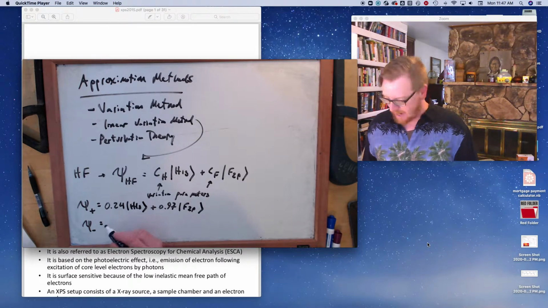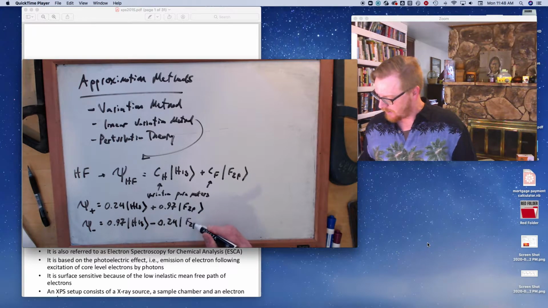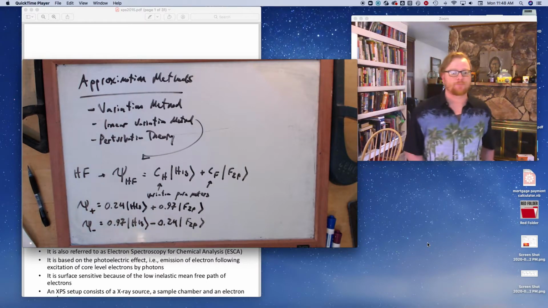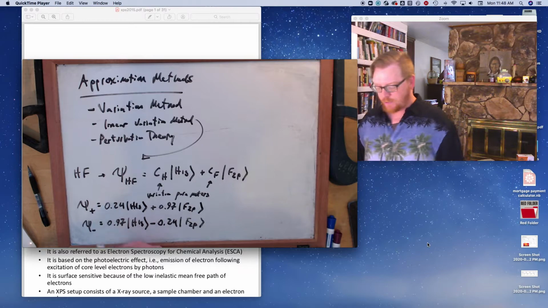For the anti-bonding state, you get 0.97 H1S minus 0.24 F2P.